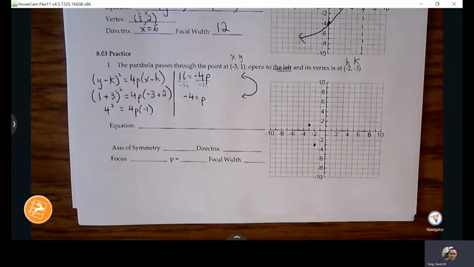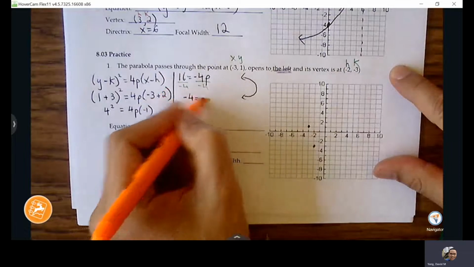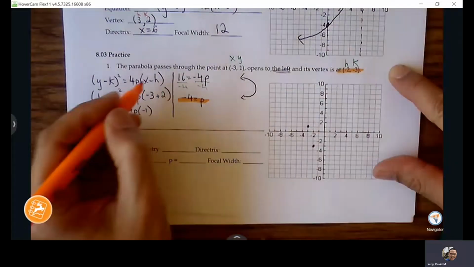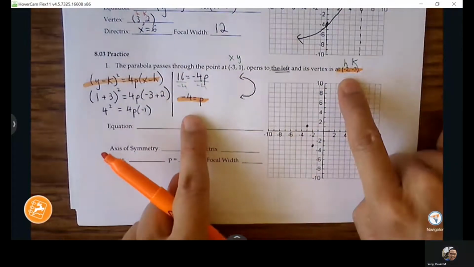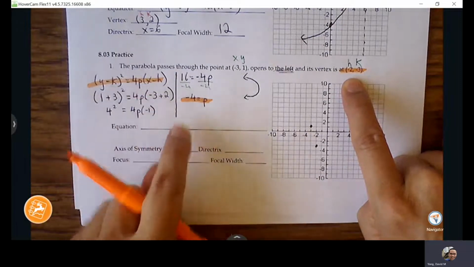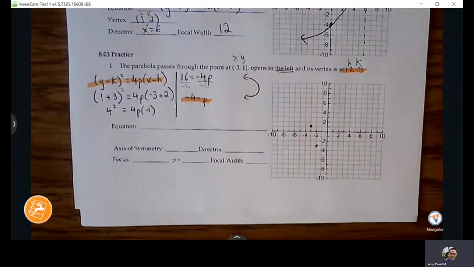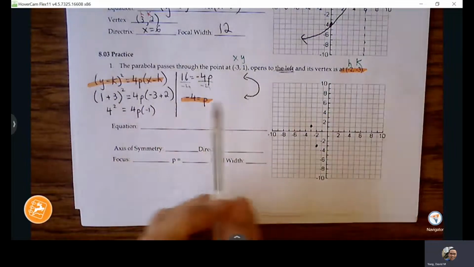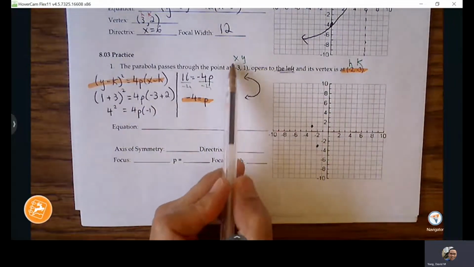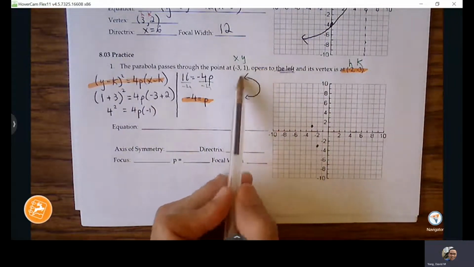Okay, so now that you have your p-value and your vertex, we can now go back and write our standard equation. Now we're going to let the x and y go back to being variables. We just inserted them intermittently to get that p-value solved.